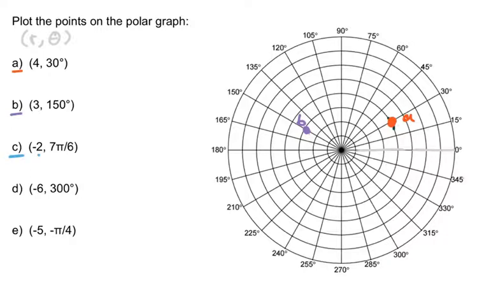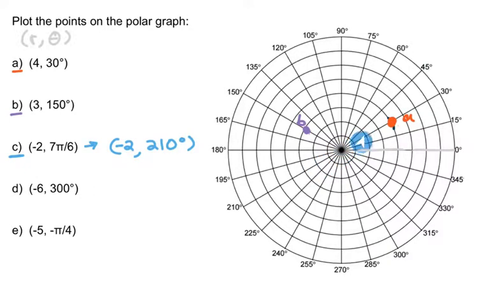All right, let's mix it up. C, we're dealing with -2 and 7 pi over 6. Where does that end up? If we have a hard time thinking about radians, we can always convert to degrees by multiplying by 180 over pi. But -2, 7 pi over 6 is the same as -2, 210 degrees. So I'm going to come over here to 210 degrees where my 7 pi over 6 would be. But instead of coming out along 210 two spaces, I'm going to go in the opposite direction.